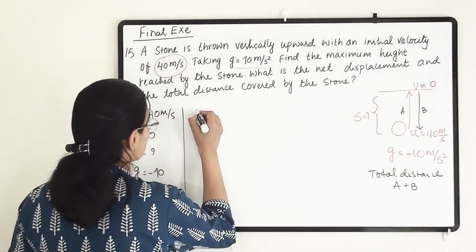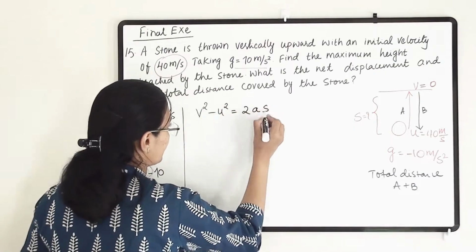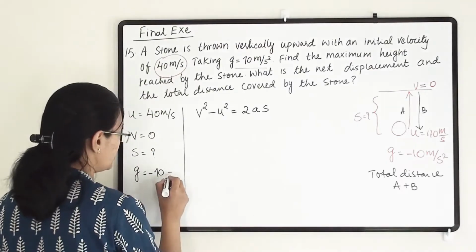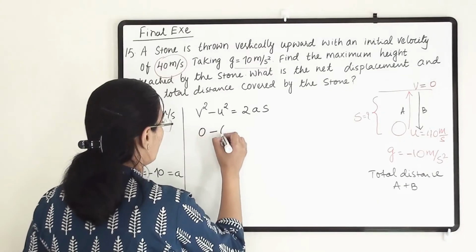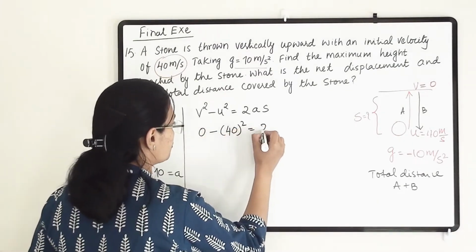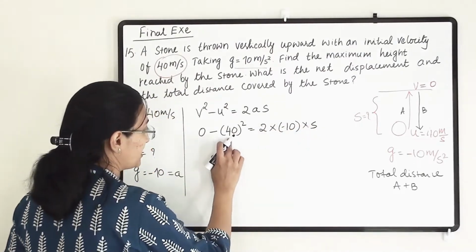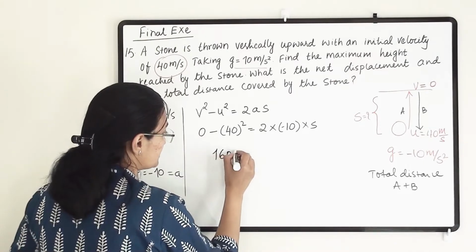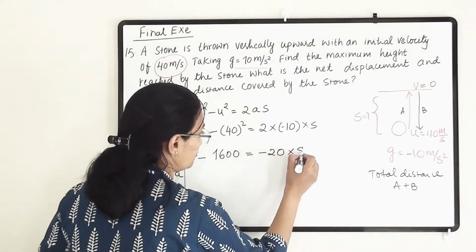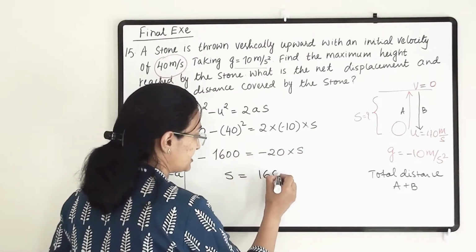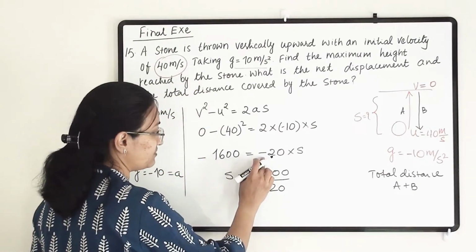Now let us write the equation: V square minus U square equals 2AS. Now A we are taking equal to G because that is acceleration due to gravity. So V is 0, minus 40 square equals 2 into minus 10 into S. So 40 square is 1600, and that too minus, here we are going to get minus 20 into S. S equals 1600 divided by 20, and this term is going to be positive because the negative sign is there on both sides.